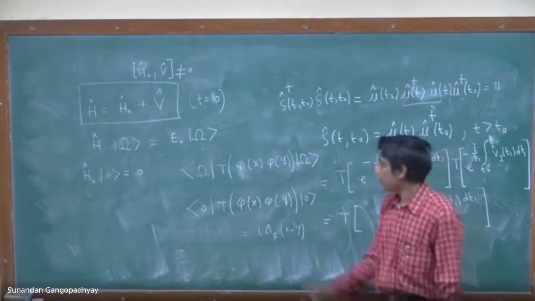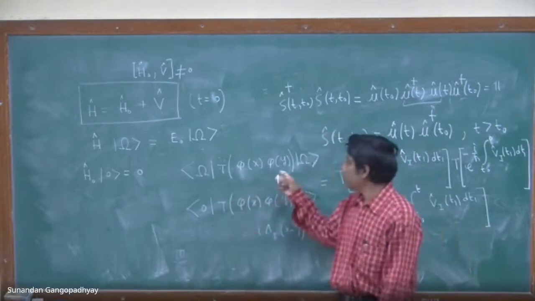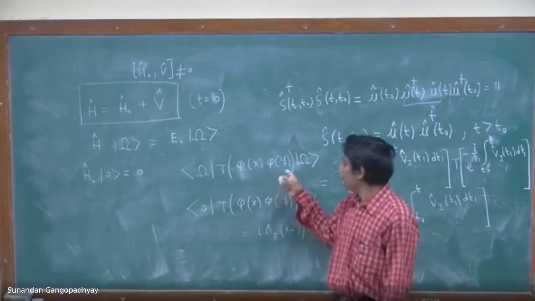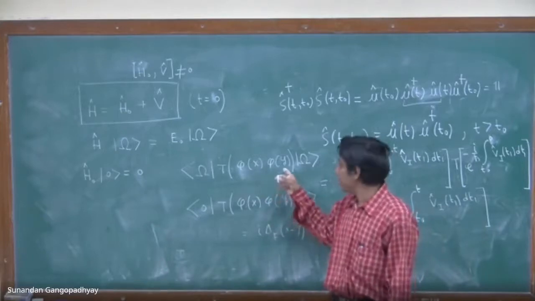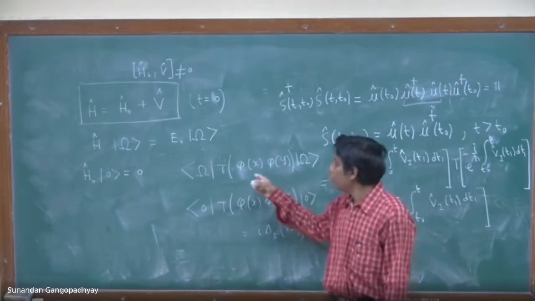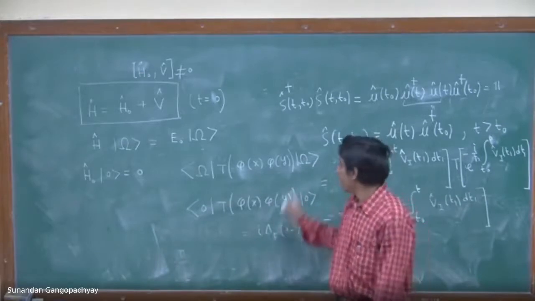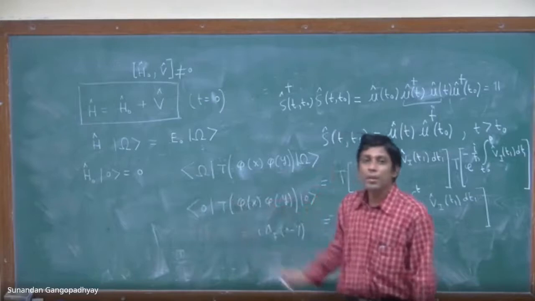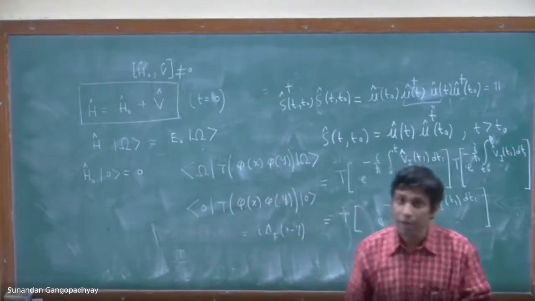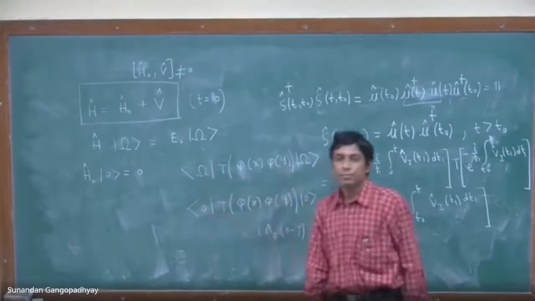So we want a quantity which asks: what is the probability of a particle to move from spatial position y vector at some time y0 to some spatial position x vector at some later time x0, moving in the interacting vacuum of the full interacting theory? This is what we want to calculate. Is the problem clear?